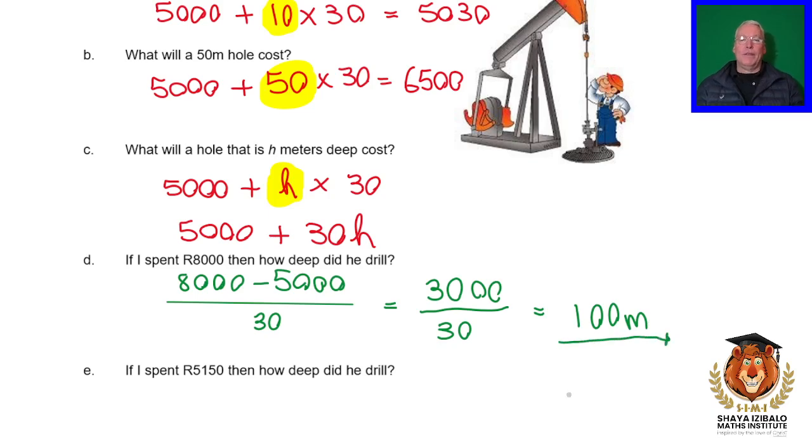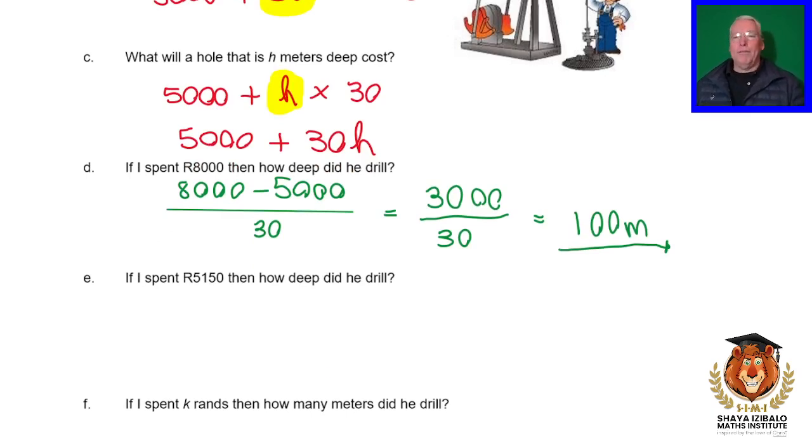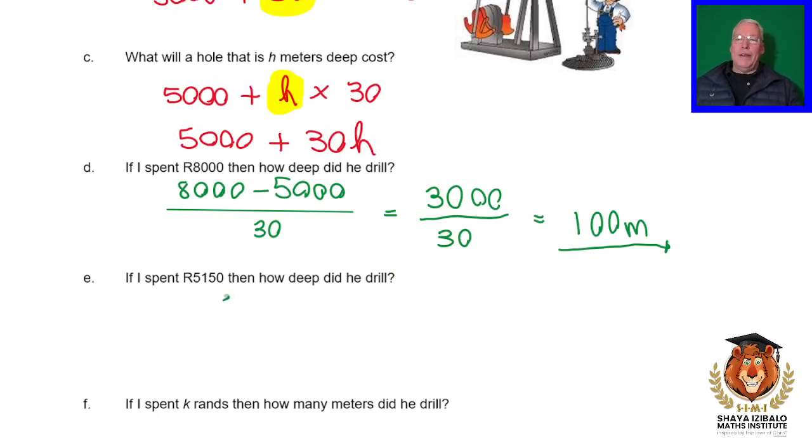Okay, let's pause the video briefly and try and do this next example. If I spent 5,150, how deep did we drill? Yeah, that's right. Sorry, not 8,000. 5,150 minus 5,000 divided by 30.